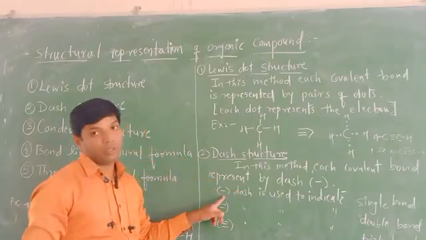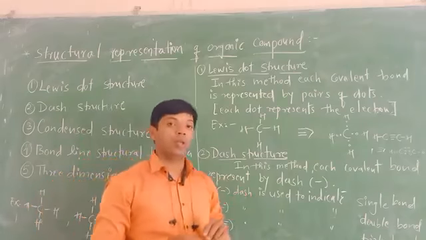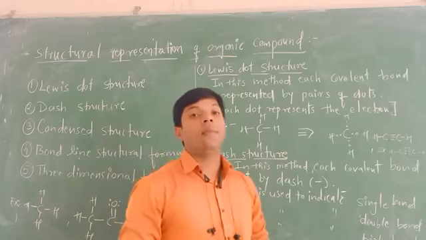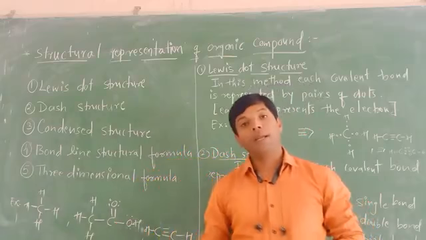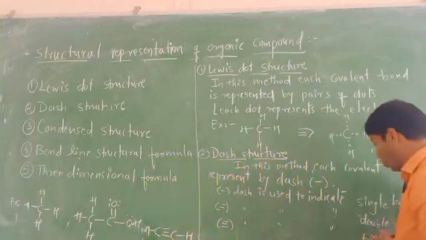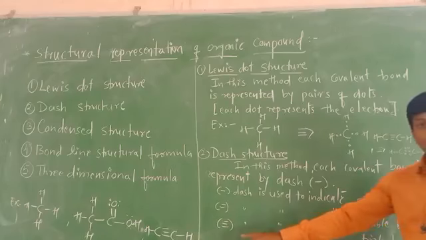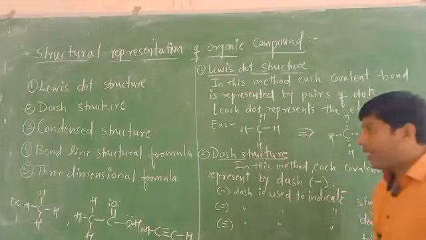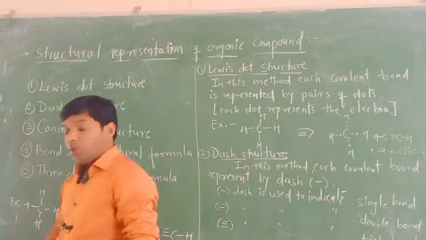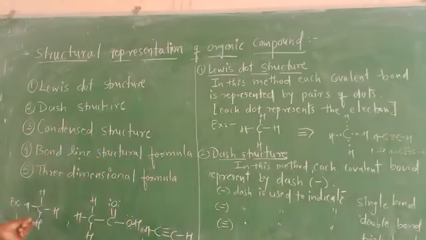One dash is used to indicate a single bond, 2 dashes to indicate a double bond, and 3 dashes to indicate a triple bond. Let us discuss an example. The name of the compound is methane, CH4.